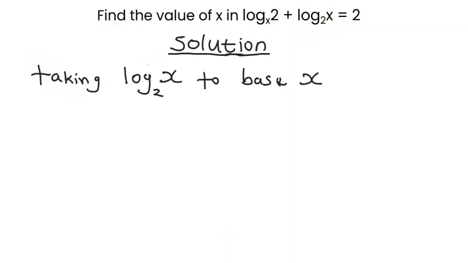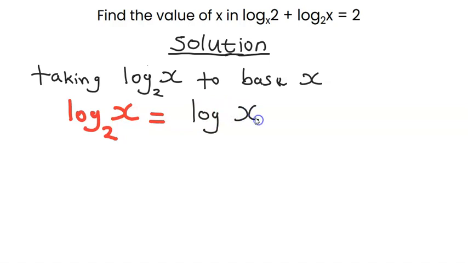I will write out log of x in base 2. So this is what I will do. I am going to write out log x, then divided by log 2.